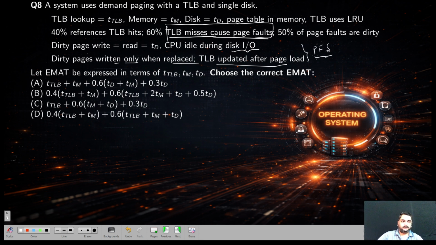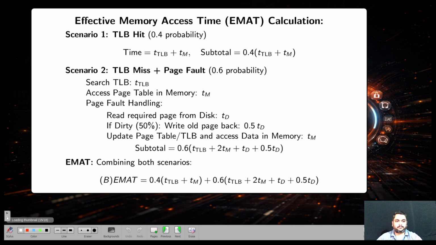Okay. There are 6 or 7 steps to understand carefully how it works. Then based on that, you can easily derive the formula, because you'll first go to the TLB. If there is a TLB hit, then find the TLB time plus memory access time. If it is a miss, here they are directly saying you go for a page fault on TLB miss, so that also has to be included. And then again in the page fault handling, you have to check for page dirty and not dirty.